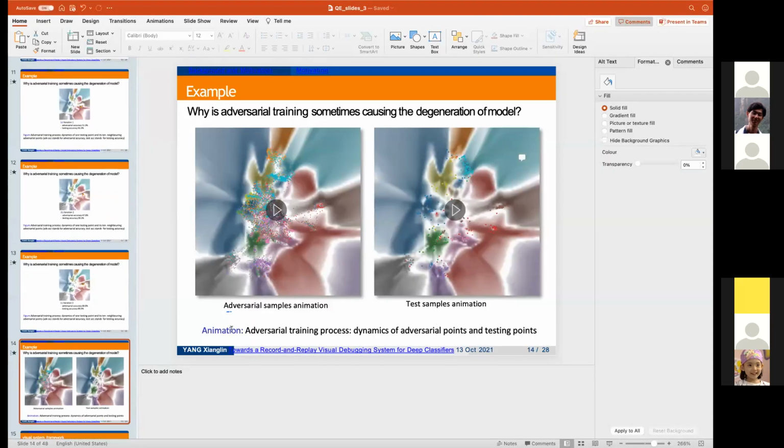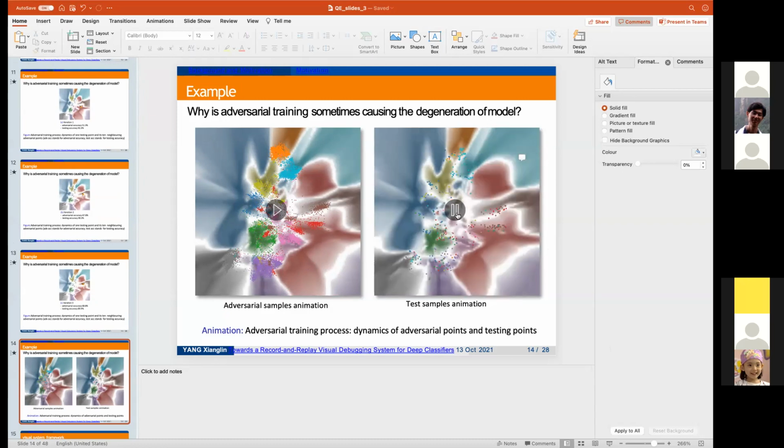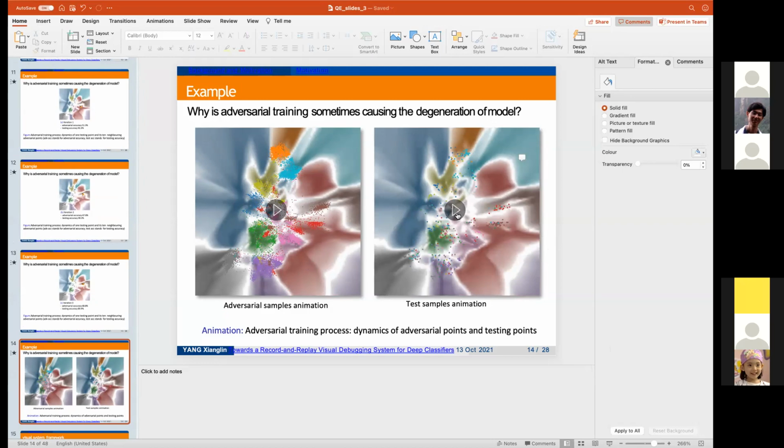Sorry about this, maybe next time I will fix this problem, but on the right is the adversarial sample animation. So at first, the adversarial samples are wrongly classified. And then through the training process, they are pulled into the correct region. And on the right is the test sample. They are correctly classified at first, and then later go to the wrong territory.